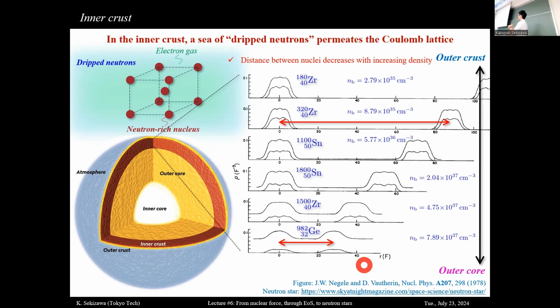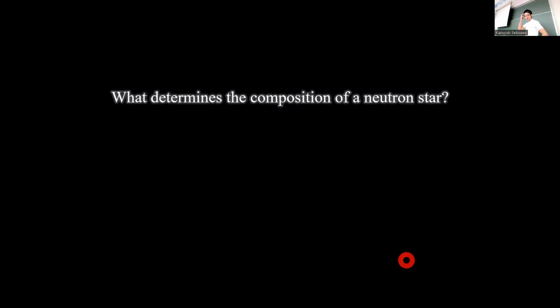Using density functional theory or Hartree theory with an effective interaction, we can calculate this kind of structure in the inner crust. Okay, so that's the structure of the crust region of a neutron star.